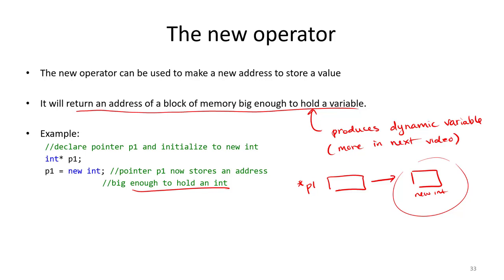So this new operator might seem kind of silly, like when would we want to use that? It turns out that these dynamic variables are the building blocks for fancy data structures. And we'll learn more about these towards the end of the course.